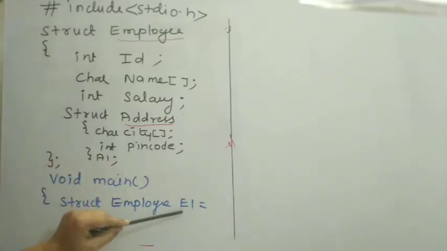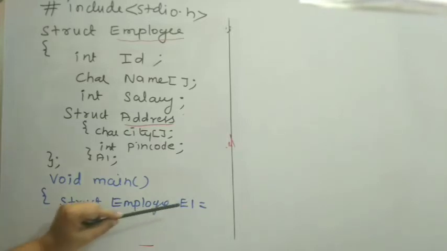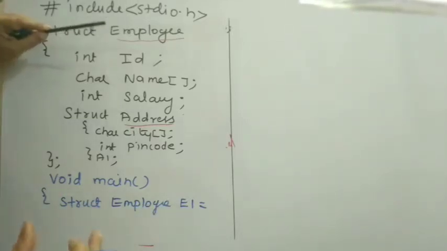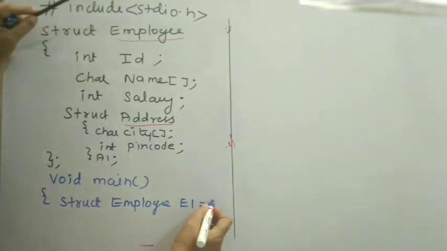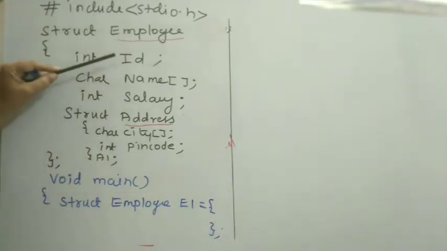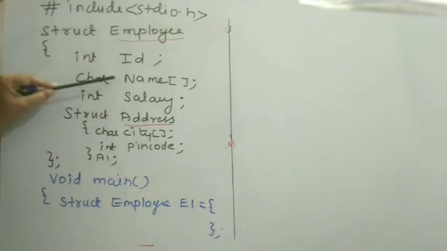During the declaration of the structure variable, I need to initialize values for the structure variable. Since I need to initialize a set of values, they are enclosed within curly braces. Okay, while assigning values, I need to assign them in the defined order of the data members.